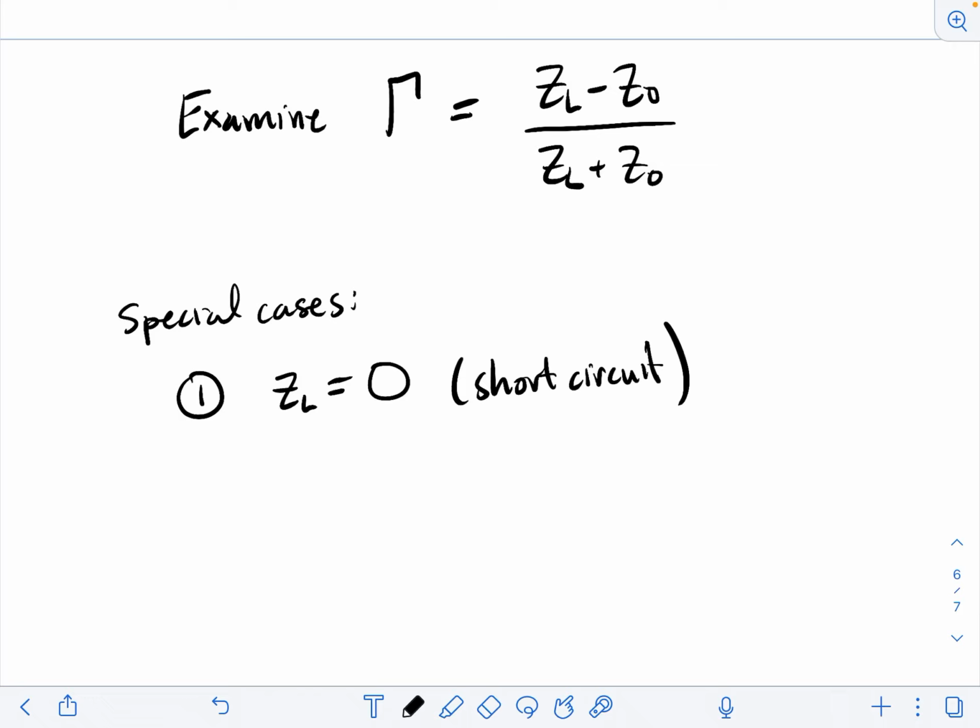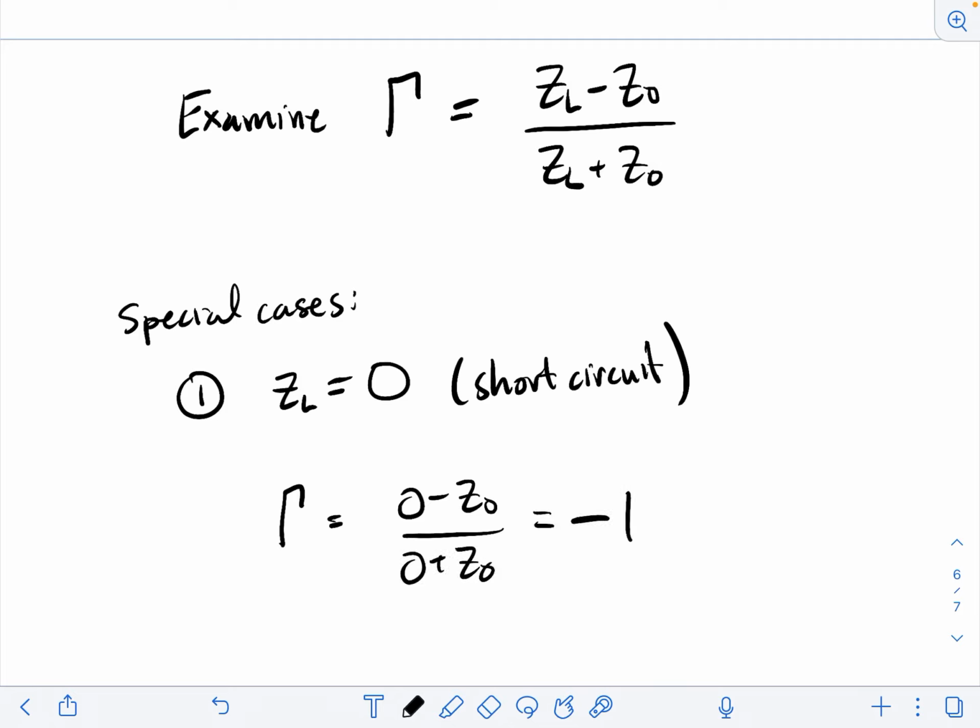If they're parallel wires, we just connect the two ends. That would be a short circuit with a load impedance of 0 ohms. In that case, gamma is equal to 0 minus Z naught over 0 plus Z naught, which is equal to minus 1.